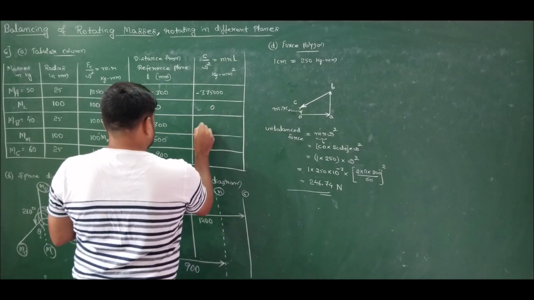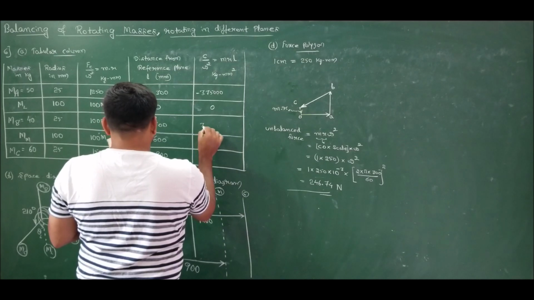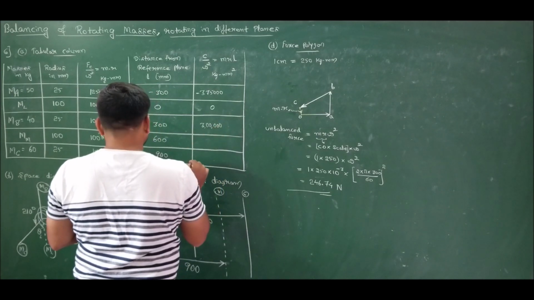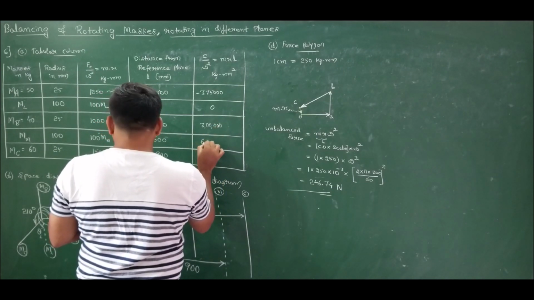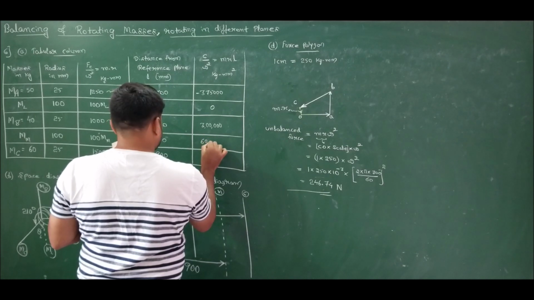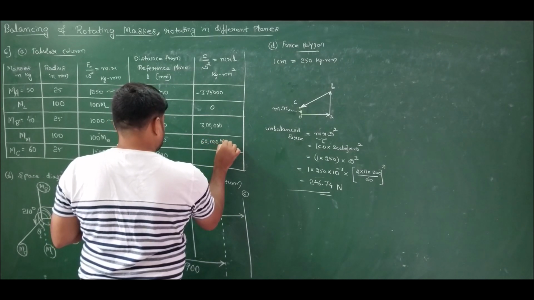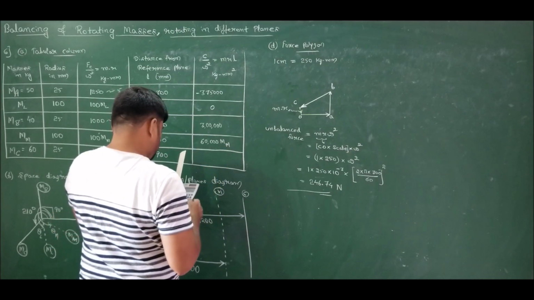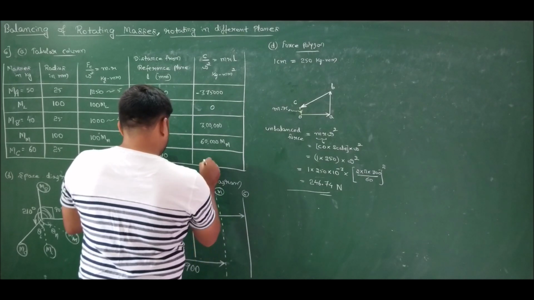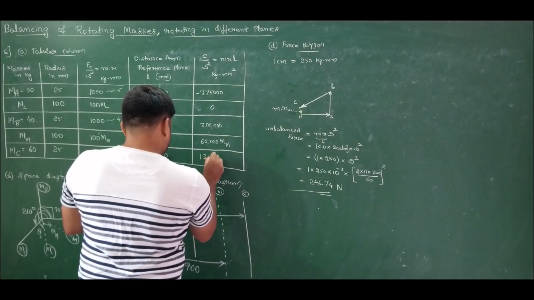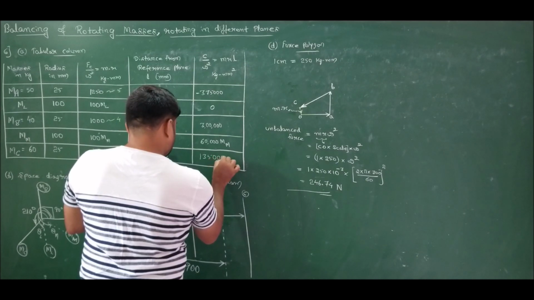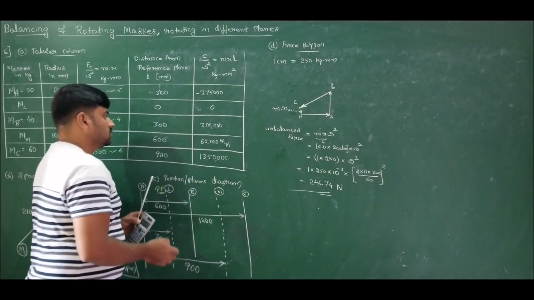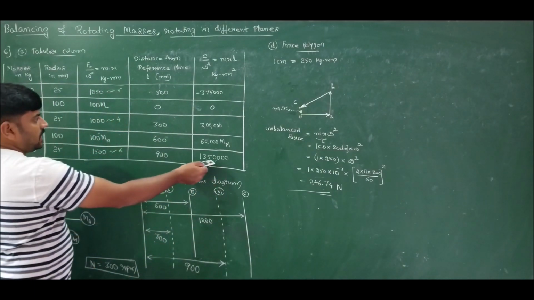This is 3 lakhs. This is 60,000 mm, and this will become 1500 into 900, which is 13,50,000. So the highest among these is 13,50,000.